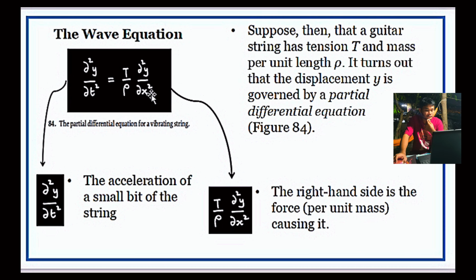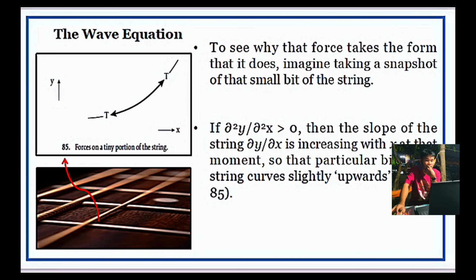The left side is the acceleration of a small bit of the string, and the right hand side is the force per unit mass causing it.